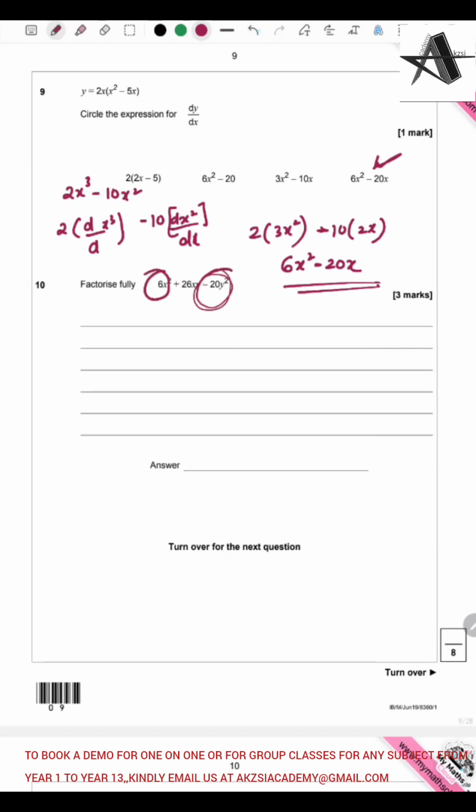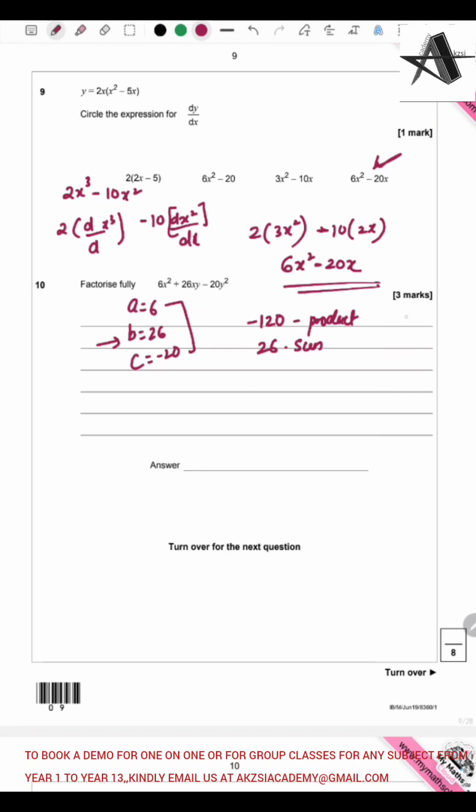I can compare it with the quadratic, where a is 6, b is 26 and c is -20. So I need to find two numbers whose product should be a times c, that means -120, and whose sum should be 26. Obviously if the product is negative, that clearly indicates that one number is going to be negative and one is going to be positive. And if the sum is positive, that means definitely the bigger number is the positive one. There are so many factors possible.